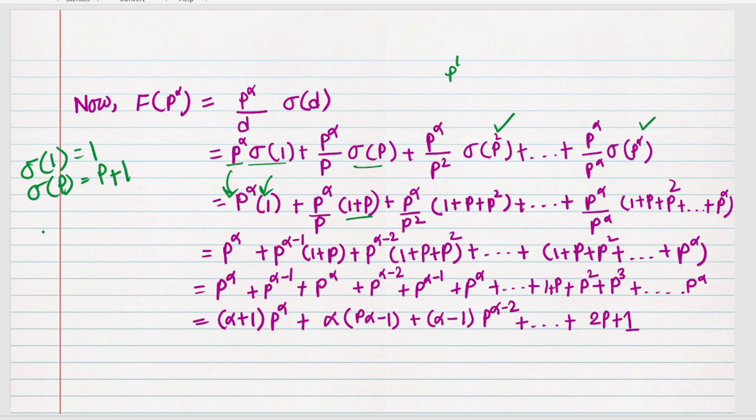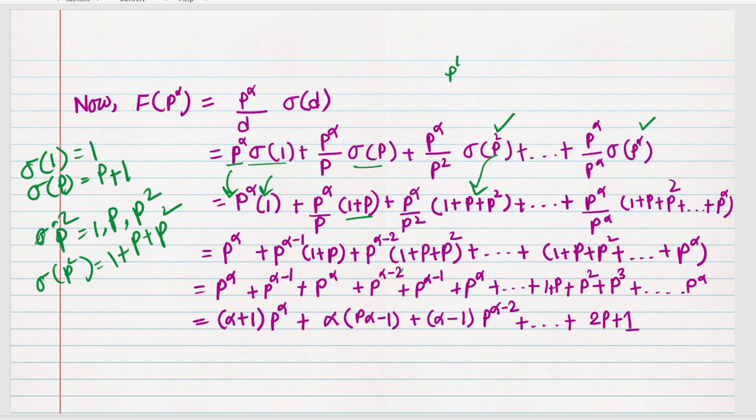Sigma is the sum of the divisors. So what will be the divisors of p square? The divisors of p square will be 1, p and p square itself, where p is a prime number, so sigma of p square will be 1 plus p plus p square, which is written here.